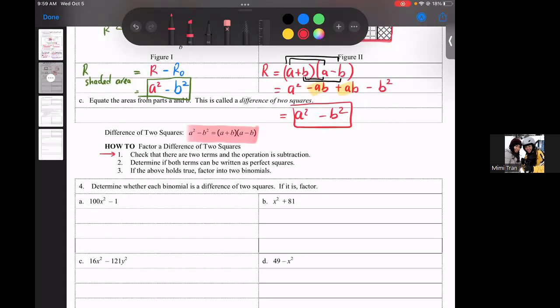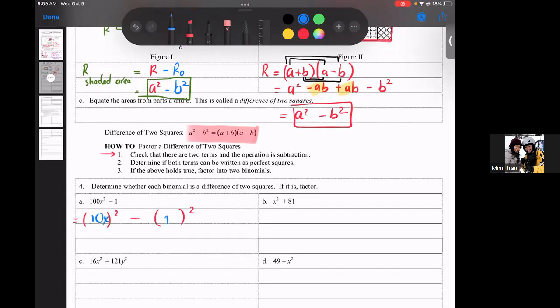Can I write 100x squared as a perfect square? How do I write this? 10x, thank you. And then what about the 1? 1 squared is still 1.